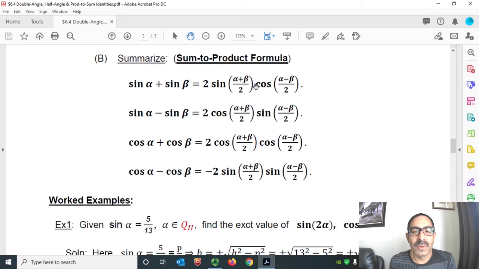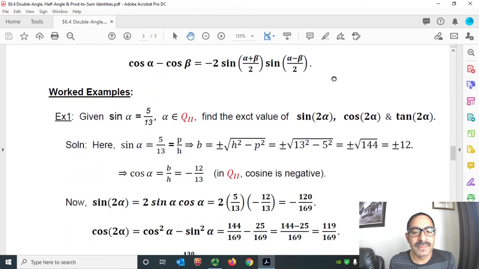The functions are in product here: sine times cosine, cosine times sine, cosine times cosine, sine times sine. And keep in mind that the cosine difference produces the minus sign, and the cosine sum is in the plus form, both cosine, and so on. Great. Now with those formulas, let's do some examples.